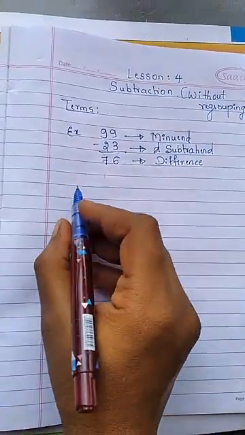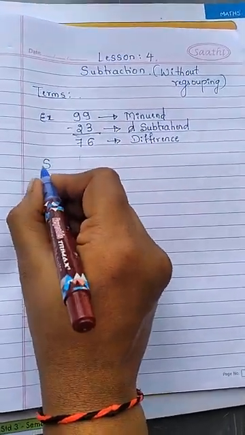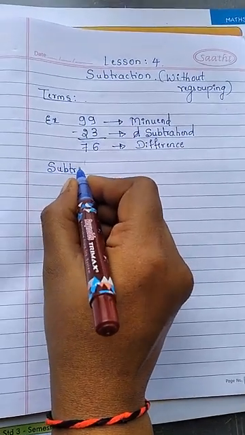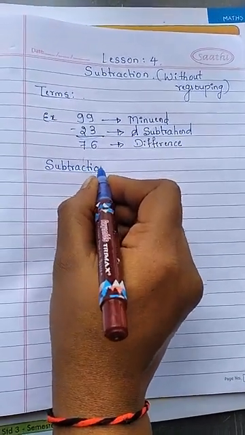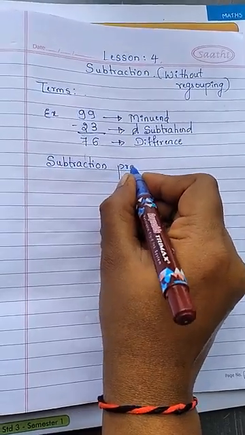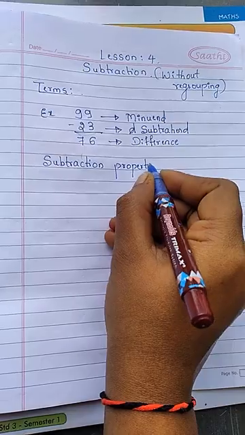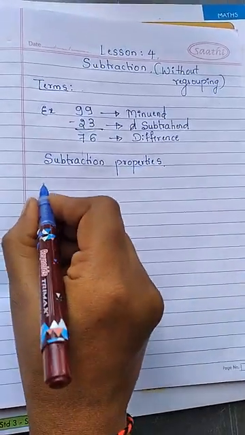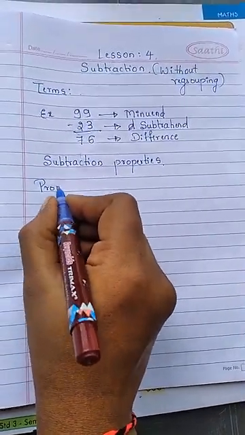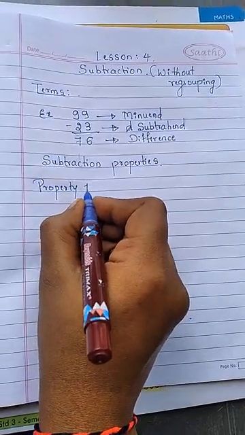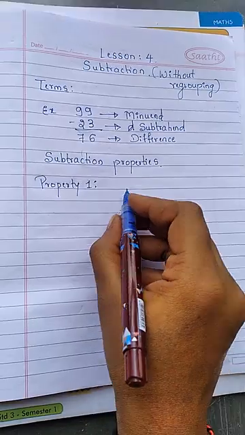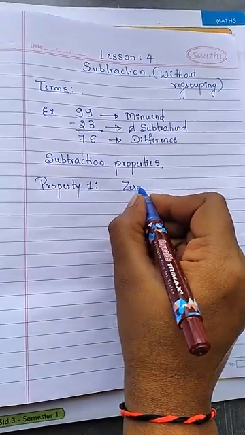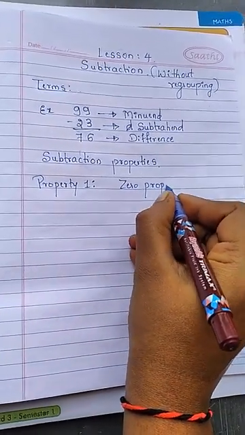Now we will go for properties. Subtraction properties. Property 1, zero property of subtraction.